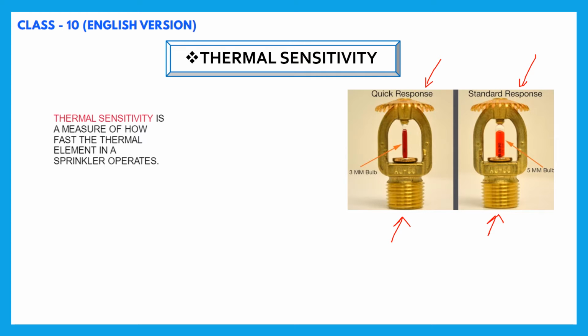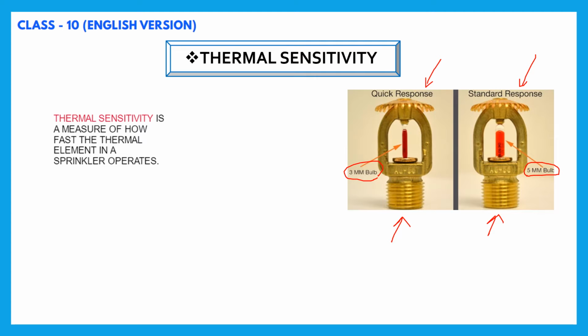In quick response, the upright sprinkler has a 3 mm bulb. In standard response, the upright sprinkler has a 5 mm bulb. So this is the only difference between quick response and standard response type sprinklers.